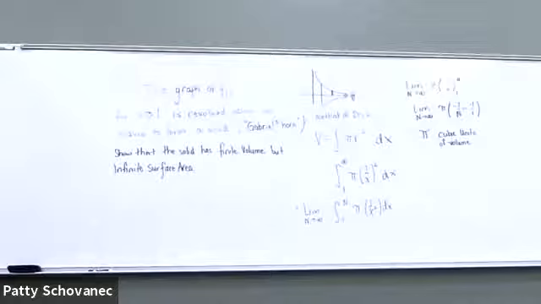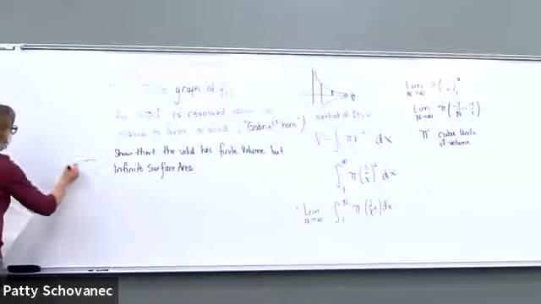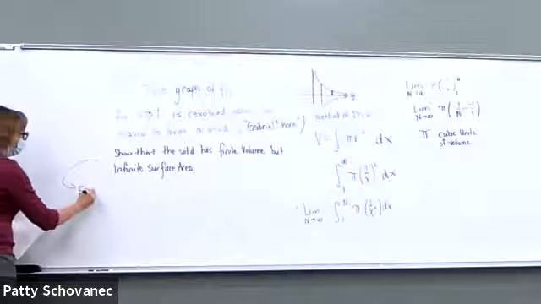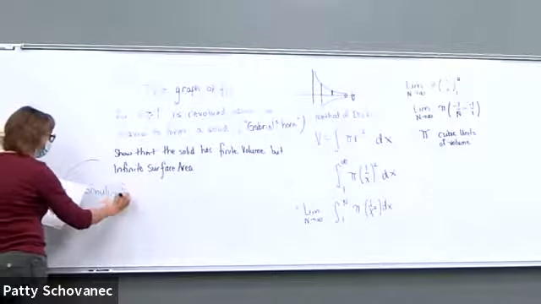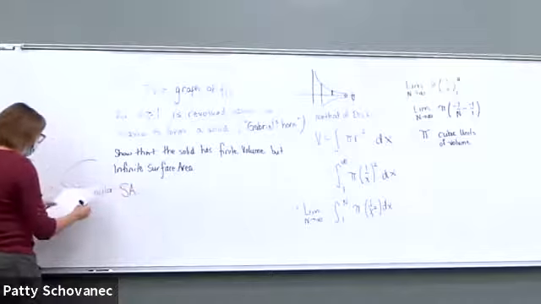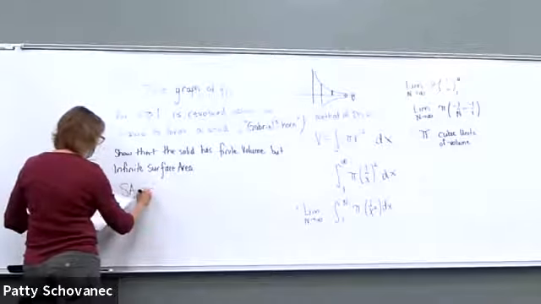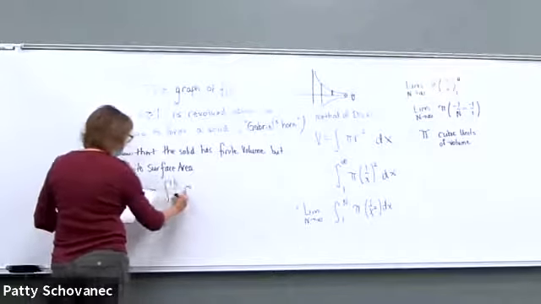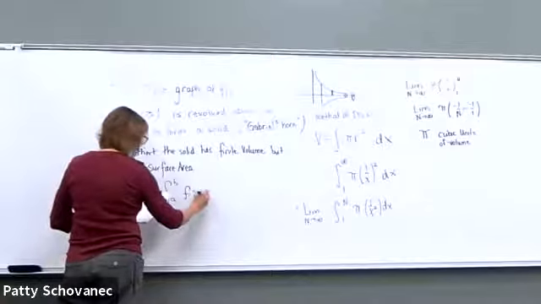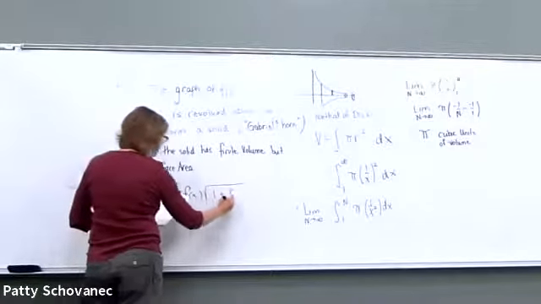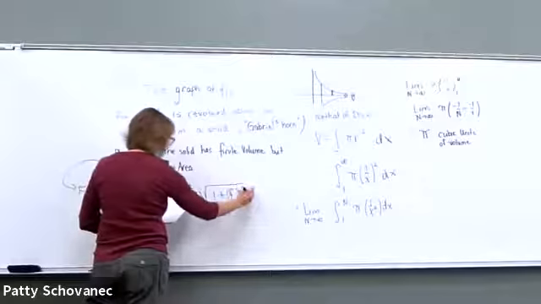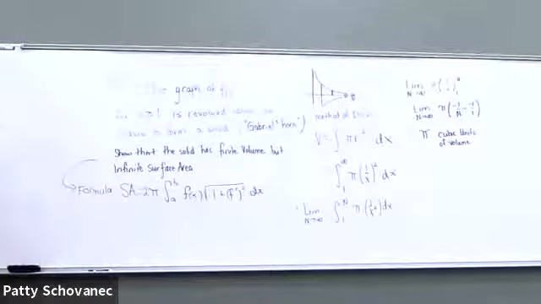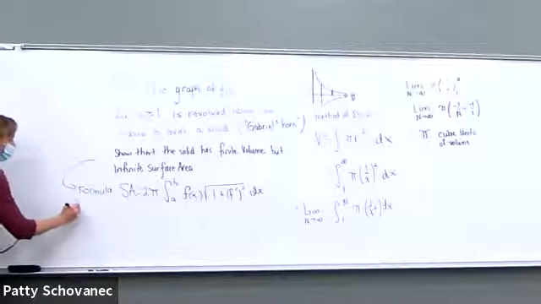The surface area of a solid of revolution is 2 pi times the integral from a to b of f of x times the square root of 1 plus f prime of x squared. We skipped this when we were in that section, but we're going to use it now.